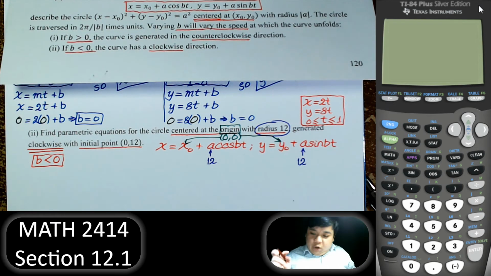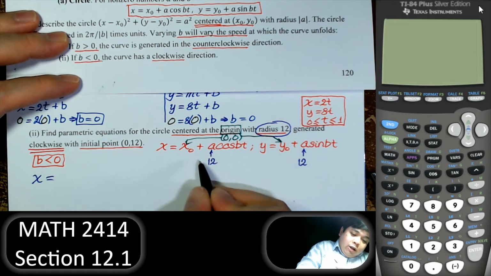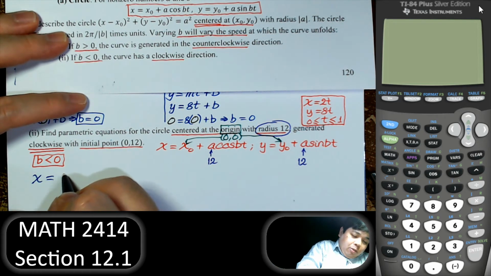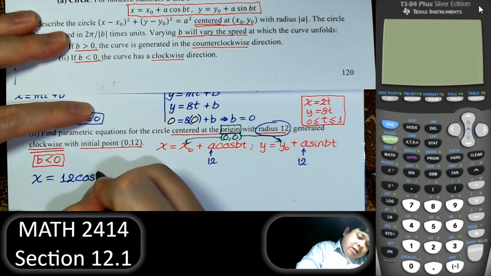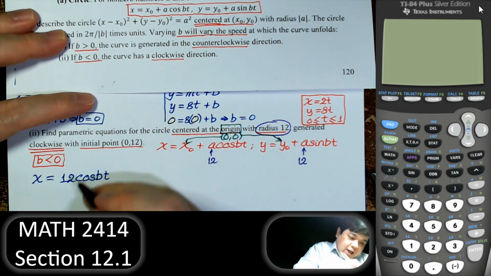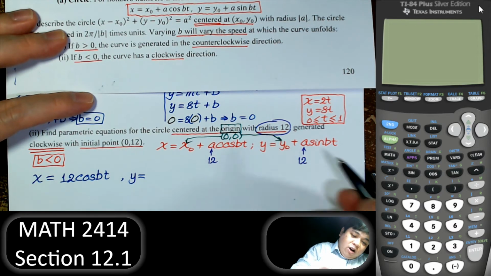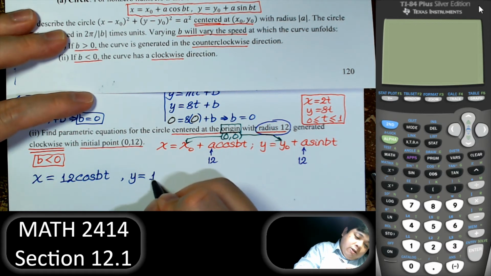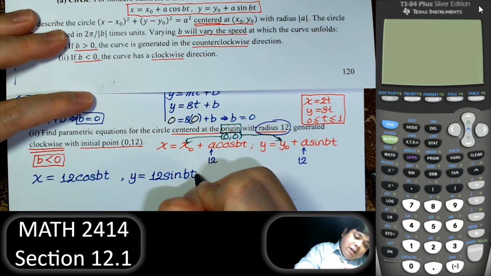Now put all of those together. What do we have? x equals 0 plus 12 cosine of bt. Just note that b is negative. And then y equals y naught, which is 0, plus 12 sine of bt.